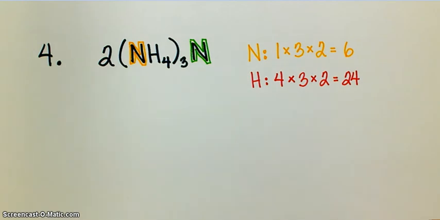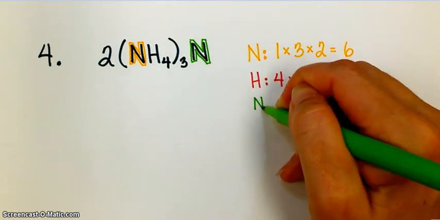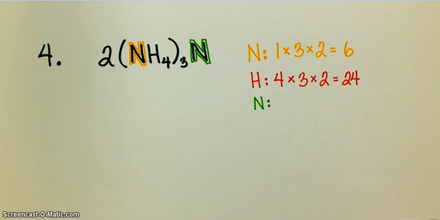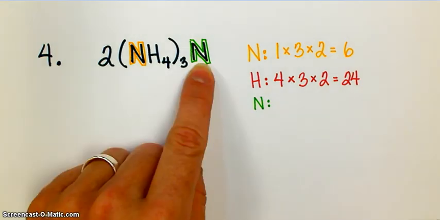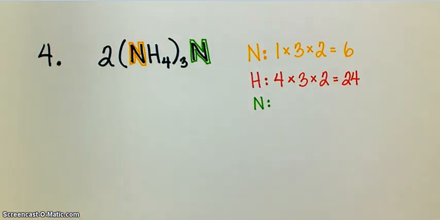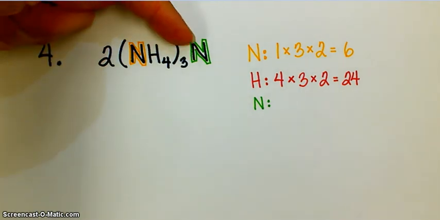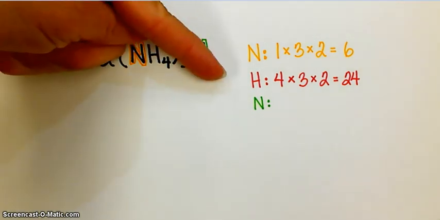Now I have to deal with this other nitrogen in the formula. Okay. What is the subscript on this nitrogen? Your subscripts are always written to the lower right. 1.